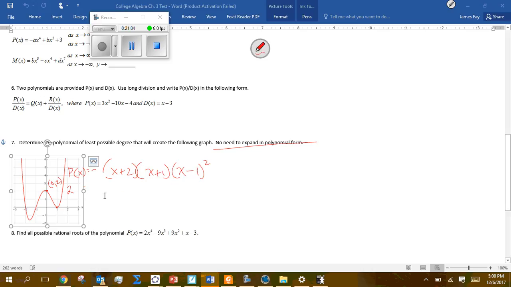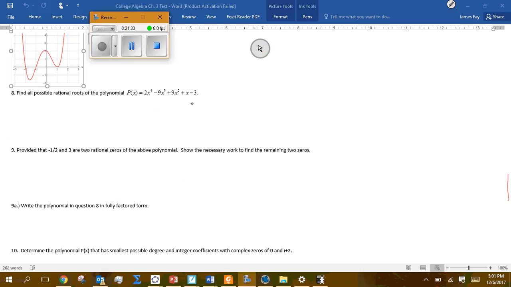So this is all we need here for that polynomial. Key thing was to say least degree, because as long as that's an even multiplicity, the graph's going to still look the same. So if that was a 4, it would still look something like this, but it would be a 6th degree polynomial instead of a 4th degree, and so forth.